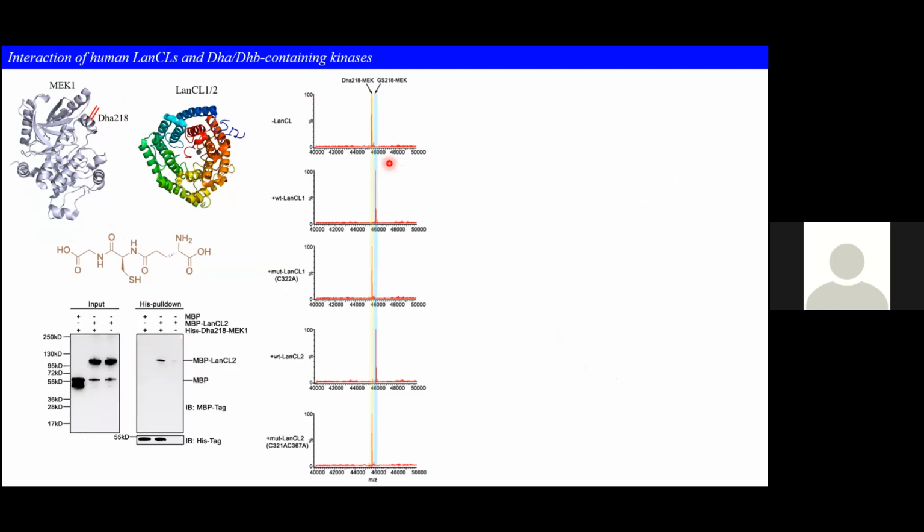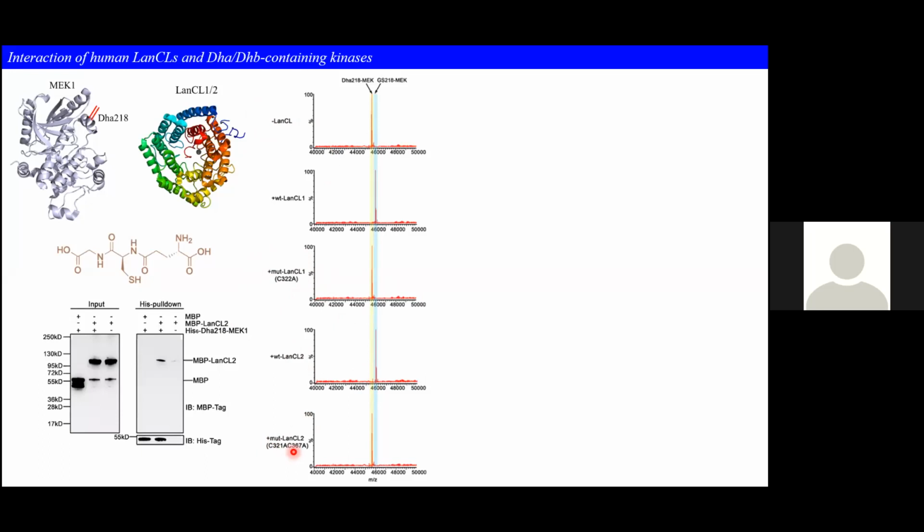Through the LC-MS, we can find that in the samples where we added LanCL1 or LanCL2 proteins, we can easily observe the shift of the peak from DHA completely to the glutathione addition form. This shift couldn't be observed in the sample without the catalytic enzyme, nor with the inactive mutant enzymes.